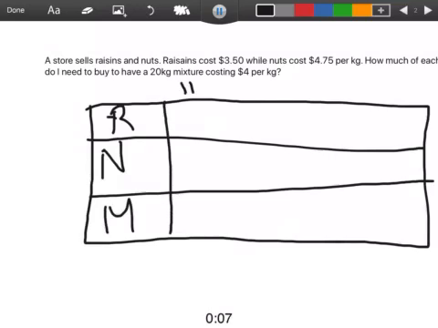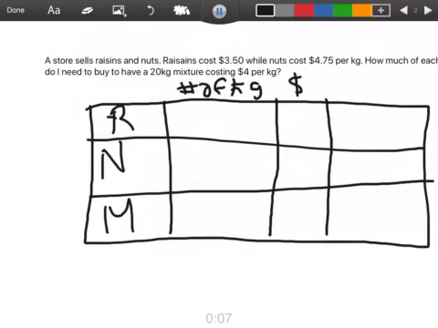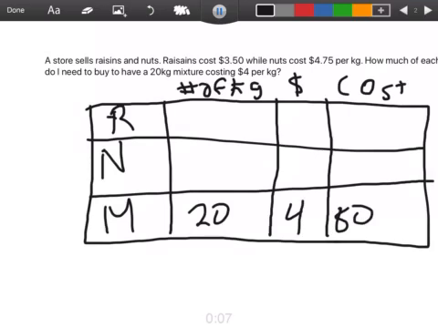This is number of kg, this is price per kg, and this is the cost. Let's start with the mixture, from the bottom to top. The number of kg is 20. It costs $4, so that's $80 for the whole thing.